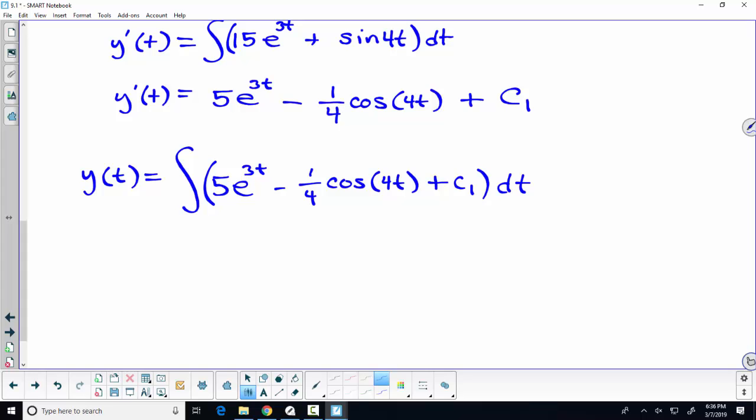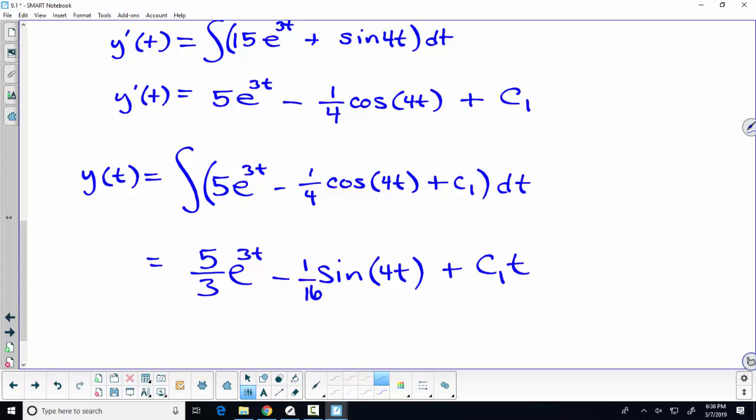We get 5/3 e to the 3t, minus 1/16 sine of 4t, plus c1 times t plus c2. Okay, and that's our y of t.